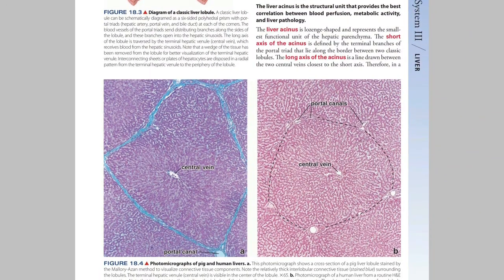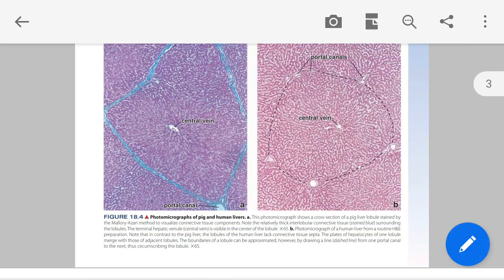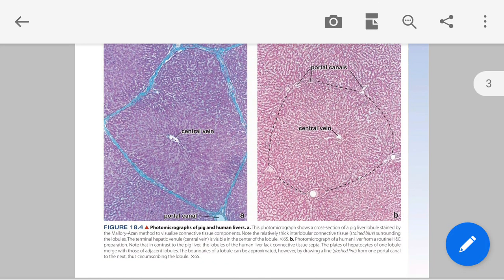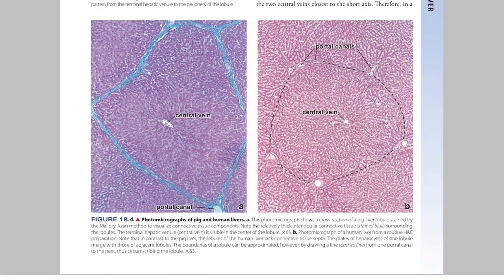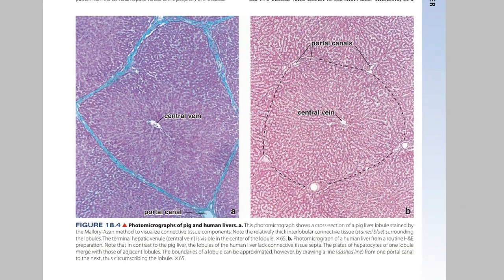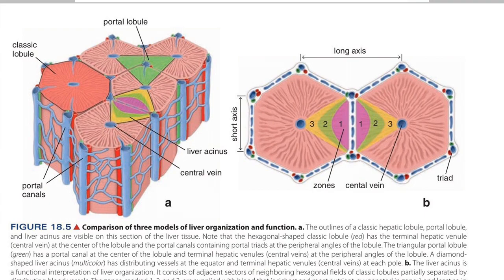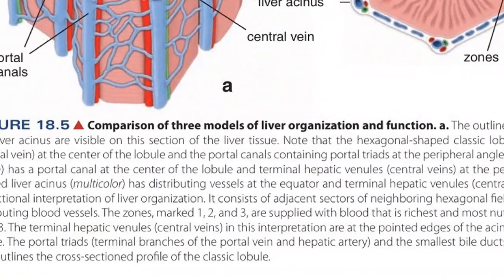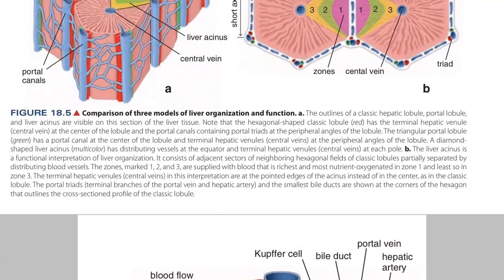Now some histological slides. This one is the photomicrograph of pig and human liver. Then a comparison of three models of liver organization and function.